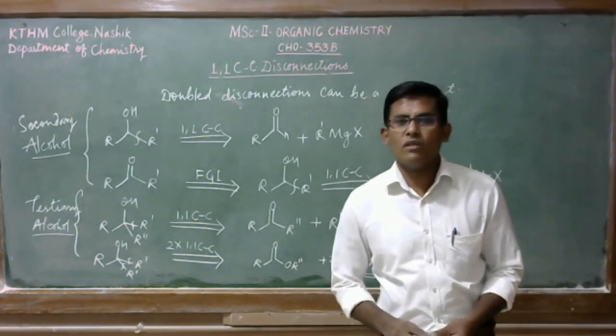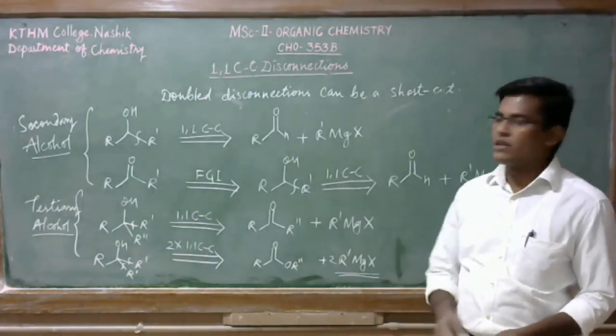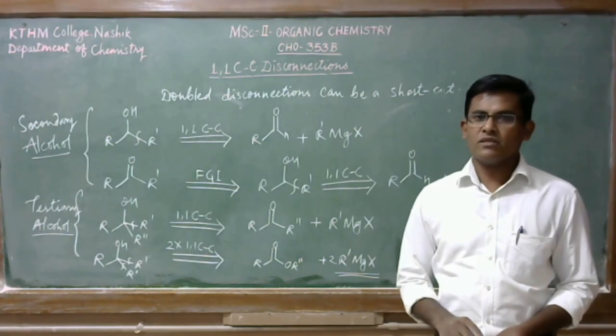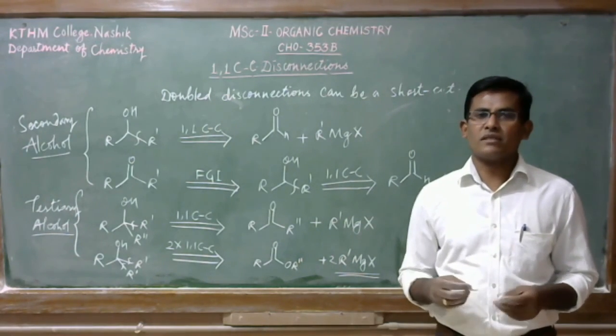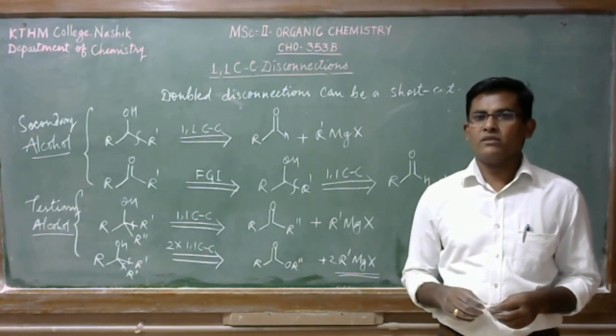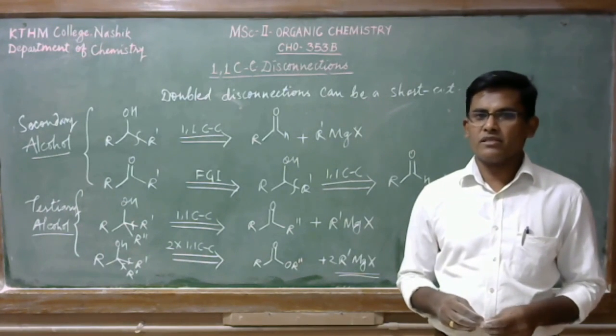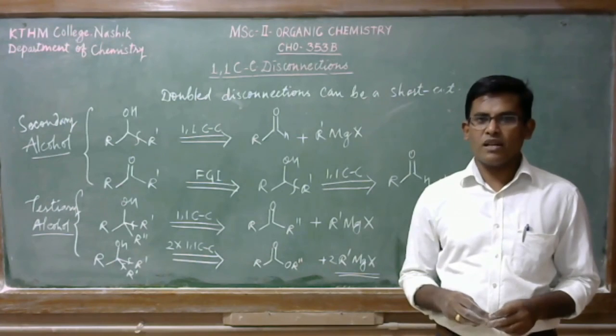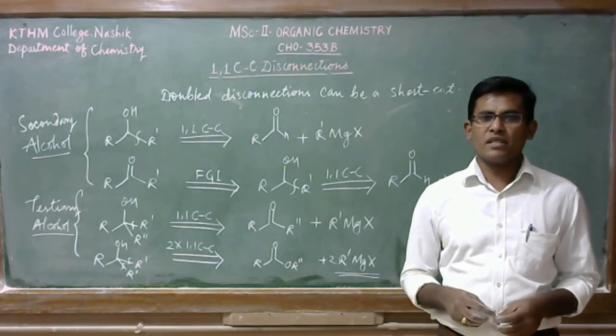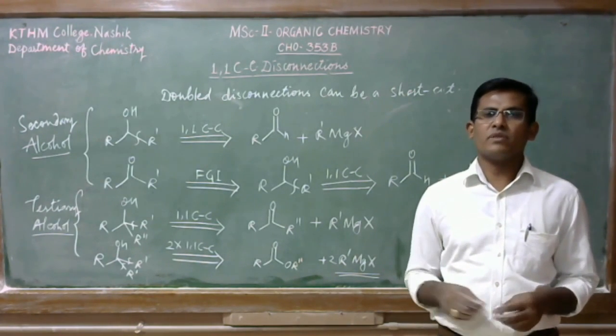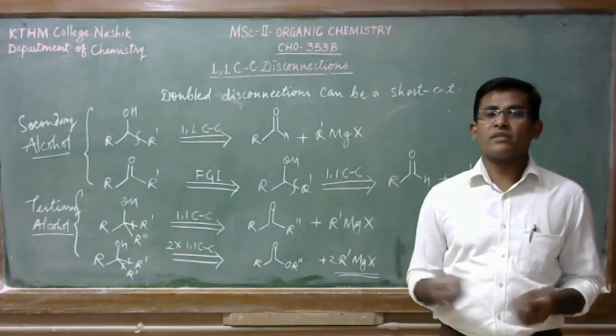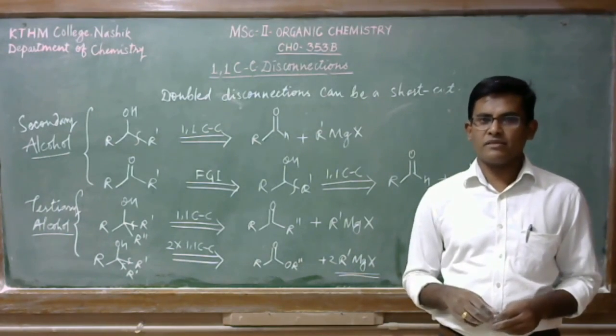So this is how we can summarize these 1,1 carbon-carbon disconnections. This is all about today's topic. I hope you enjoyed this and understood as well. In the next lecture we will see two-group disconnections, where we will see 1,3 difunctional group disconnections. Alright, thank you.